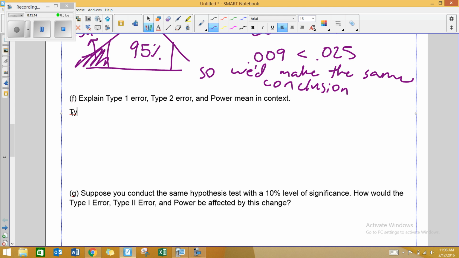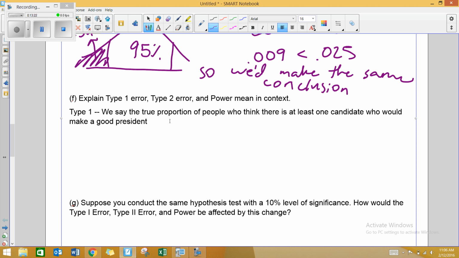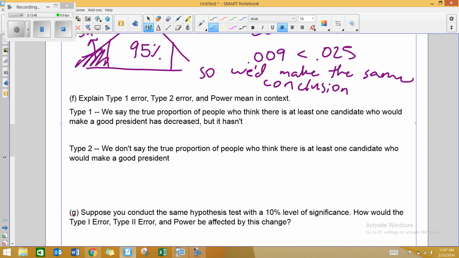Okay, so type 1 is going to be, we say the true proportion of people who think there's at least one good candidate would make a good president has decreased, but it hasn't. Type 2, we don't say the true proportion has decreased, but it has.